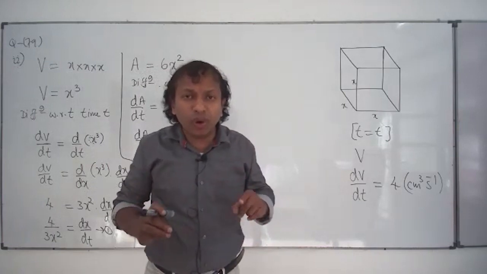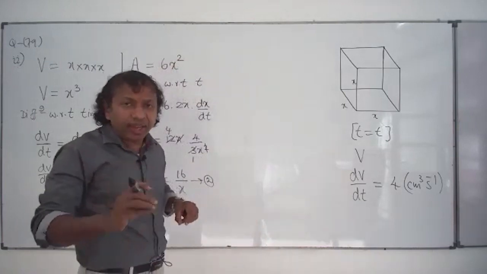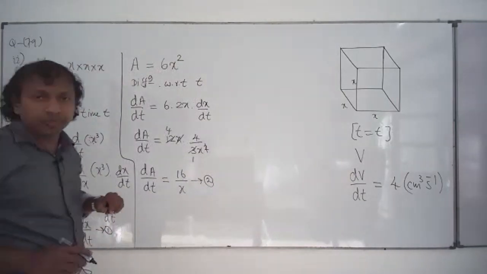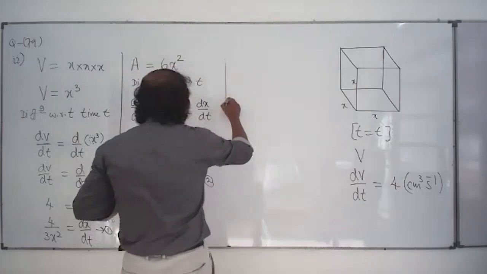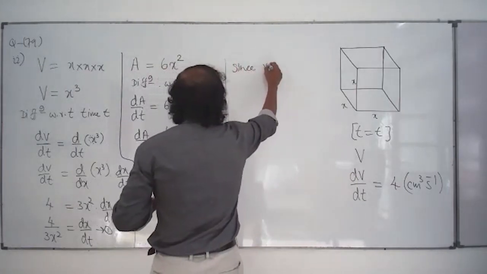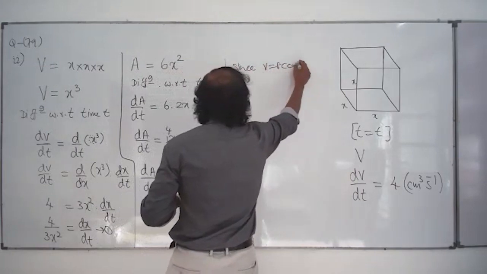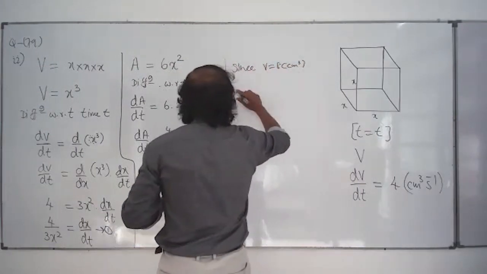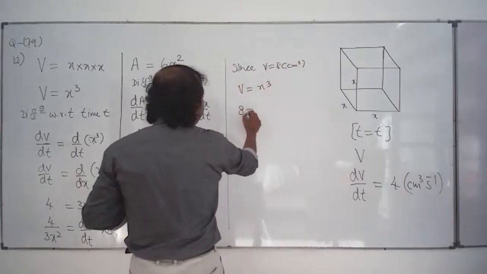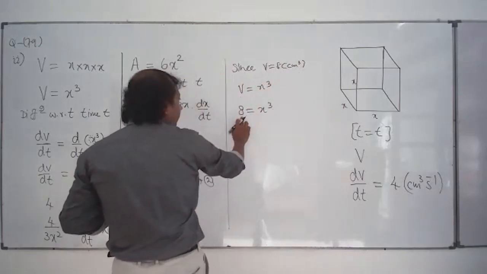When the volume of the cube is 8 cubic centimeters, this V is 8. When we put that 8 for that V, since V equals 8 cubic centimeters, we get what? V equals x cube. Substitute for this V 8. x cube is 8.